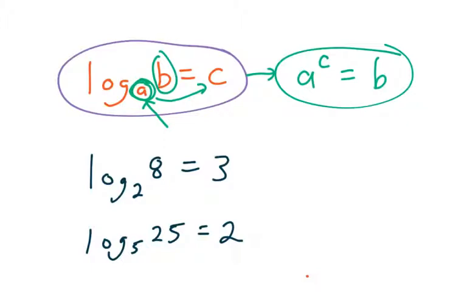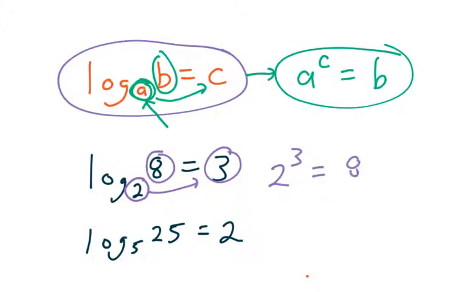As another example, notice this log has base 2. We're going to read it as 2 to the 3 power equals 8. And you guys should know 2 cubed is 8, because 2 times 2 times 2 is 8. So it works, right?